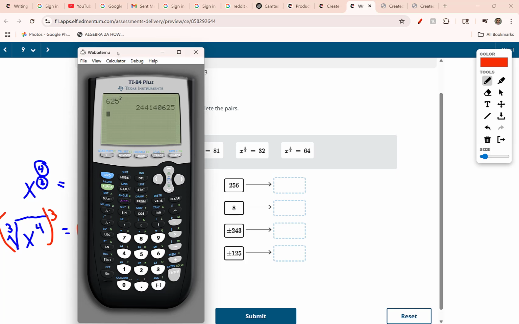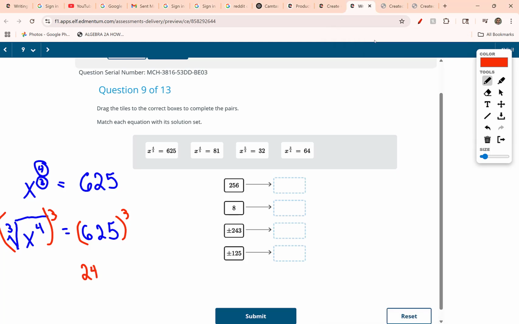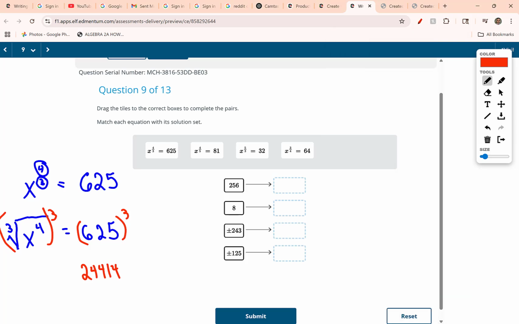We end up getting a rather large number. 244 14 0625. On the left side, the cube root, this 3 and this 3 and the radical, they all cancel out. We're just left with x to the 4th.